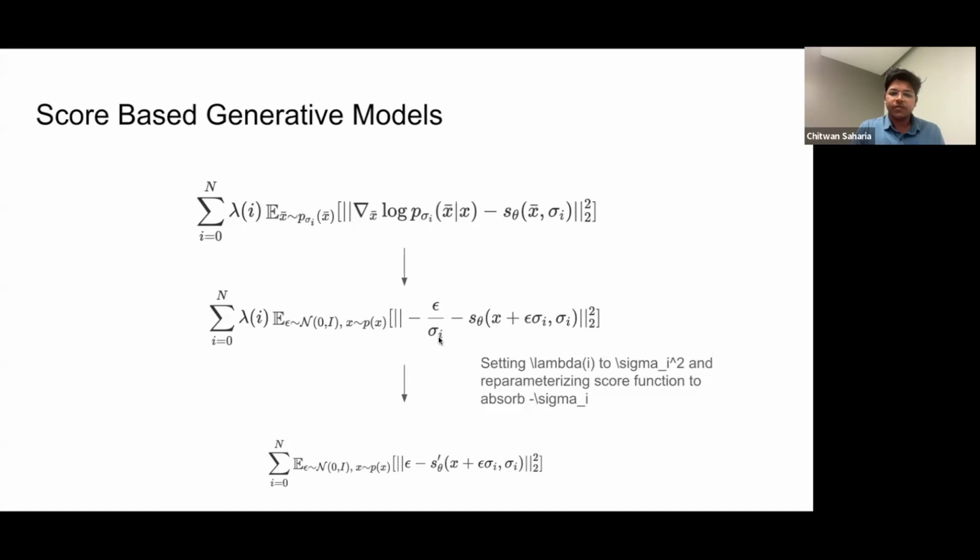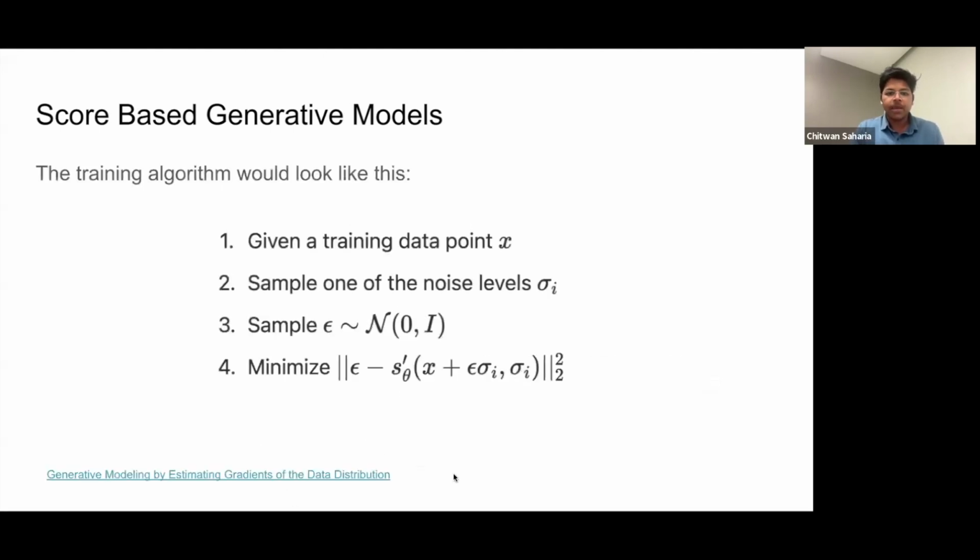For different levels of noise, the norm is basically being decided by this sigma i. So the larger the sigma i, the lower the norm of this loss function would be for that particular distribution. So in order to make the norm of the loss the same across different noise levels, we can select lambda i to be sigma i squared. This is the recommendation from the original paper. If we do that, this denominator gets canceled out, and we get this very simple objective function that we need to optimize now.